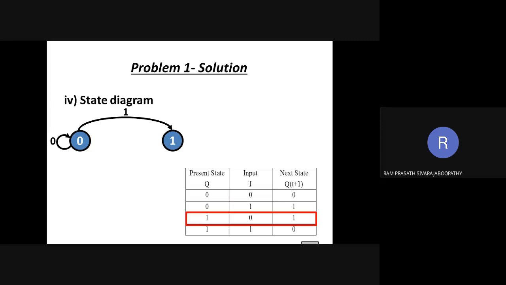Next என்ன சொல்லிருக்கோம் பாருங்க, present state 1, input 0 கொடுத்தோம்னா next state என்ன ஆகுது? 1. So present state 1, next state 1. So loop போட்டுட்டு input 0 ன்னு மார்க் பண்ணியாச்சு. Fine. So present state 1, next state 0, input 1. That's all. Diagram புரிஞ்சுதாப்பா? Is the diagram clear?